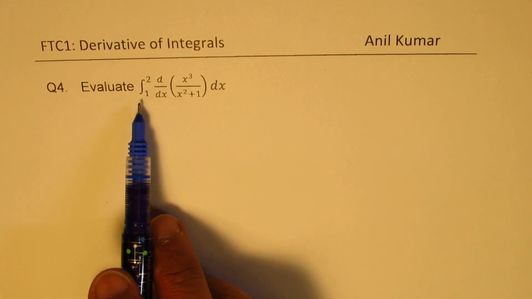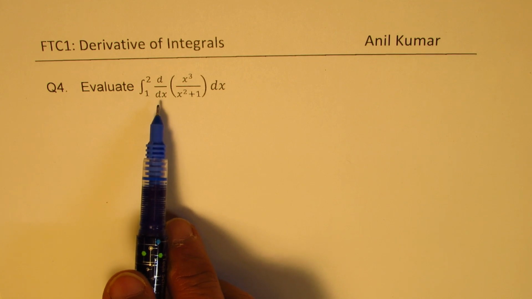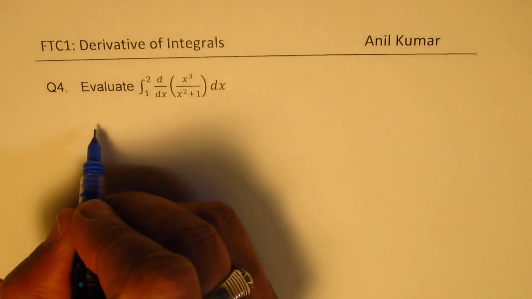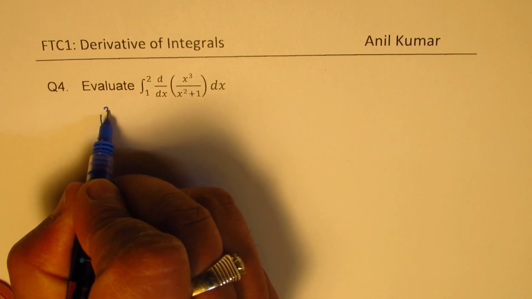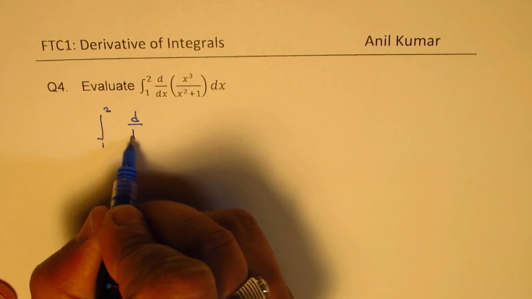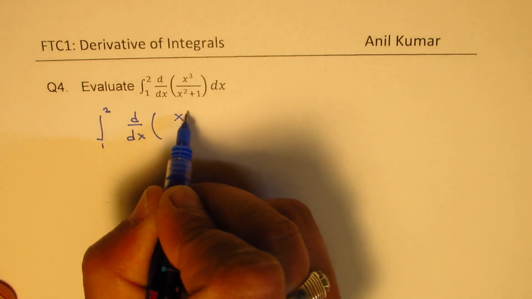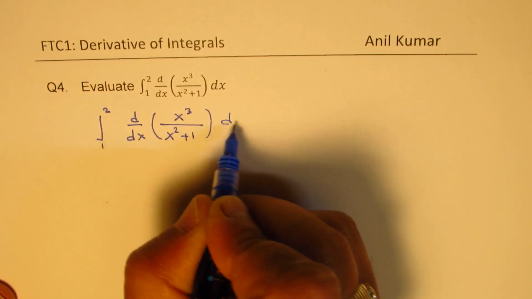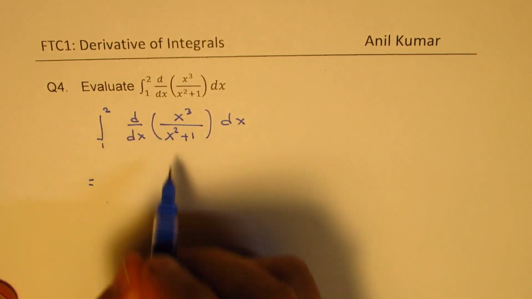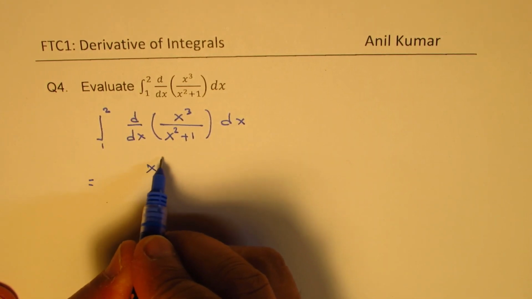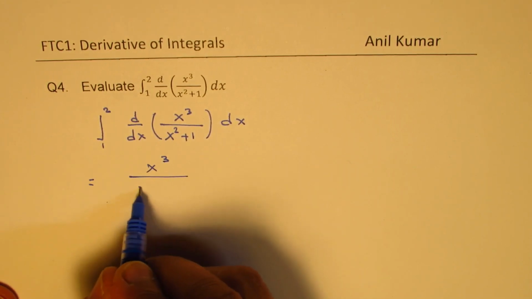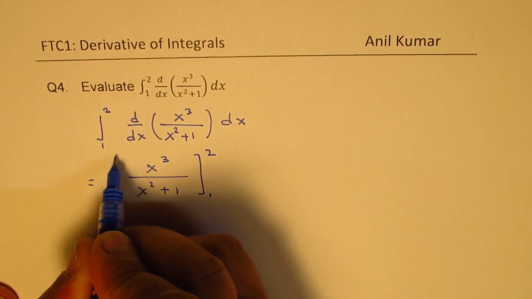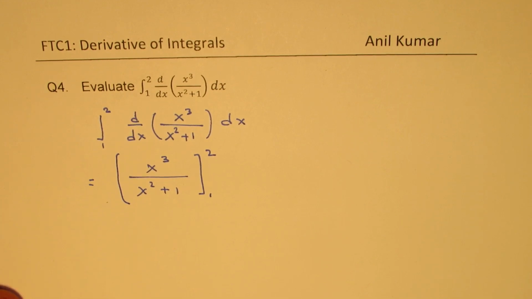Since the integral is after taking the derivative, we need to apply these limits, right? So the integral from 1 to 2 of d dx of x cubed over x squared plus 1 dx can be written as x cubed over x squared plus 1 from 1 to 2. Clear? So that is how we are going to evaluate this.